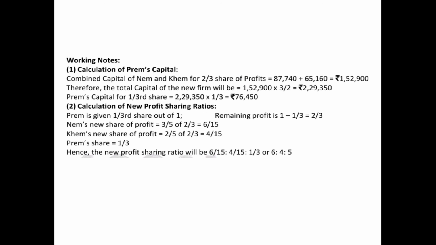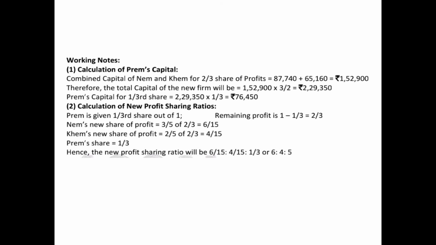So we will convert 3 into 15, for which we have to multiply 5 in the denominator, and the rule which we have discussed is that whatever we are multiplying in the denominator, the same has to be multiplied in the numerator as well. So it will become 1/3 into 5/5, that means it will become 5/15.